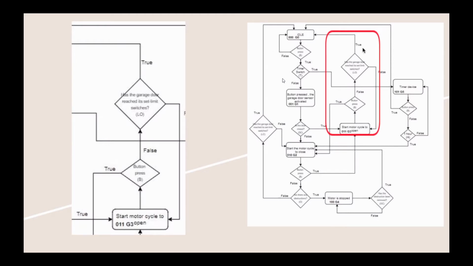Once that is true, it'll go back to idle. So it'll keep on cycling through, keep on opening until it reaches its set limit switch, and it'll go to idle, and it would stay open. It won't do anything else. It'll just open all the way, and once it's at idle, nothing else happens. It's just going to be static, waiting for its next input from the user.